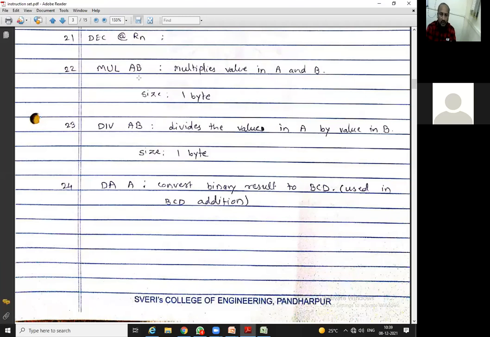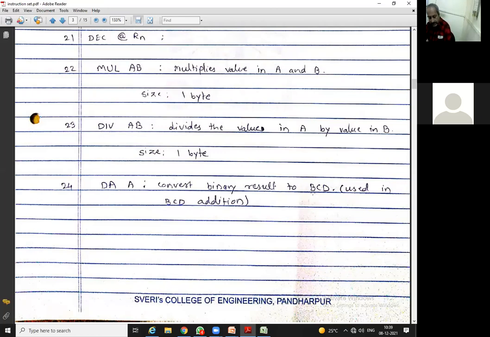Normal addition and BCD addition are a little bit different. You can search and go through that if anyone is interested. But here, if BCD addition is called in the program, then this DA A decimal adjustment is going to be used. That converts the binary result to BCD.